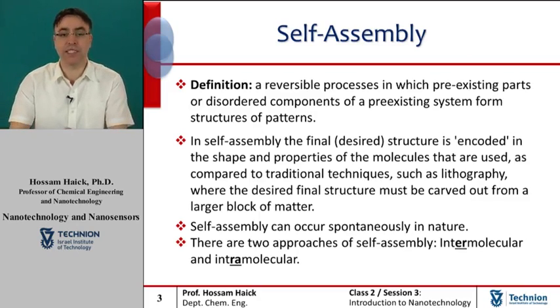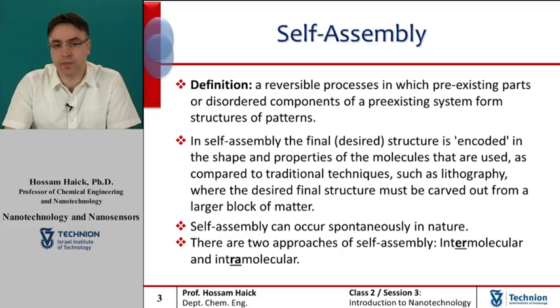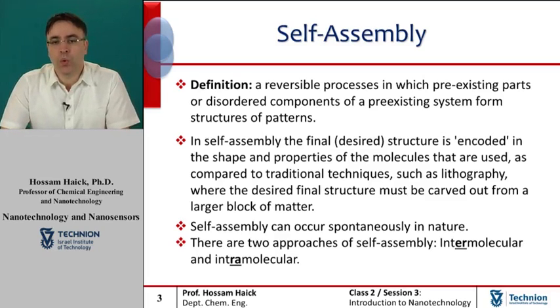The second feature is the interactions. Self-assembled structures rely on weak interactions such as van der Waals, capillary, and hydrogen bonds. Of course, this is given with respect to the traditional covalent, ionic, or metallic bonds.